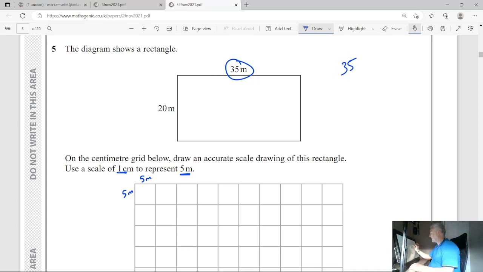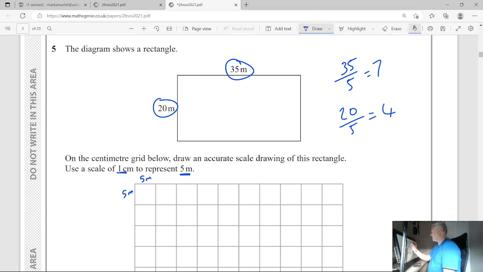So in my calculator, I'm going to do 35 divided by 5, which gives me 7. And I've got 20 divided by 5, which gives me 4.